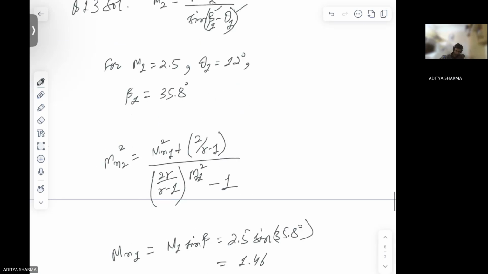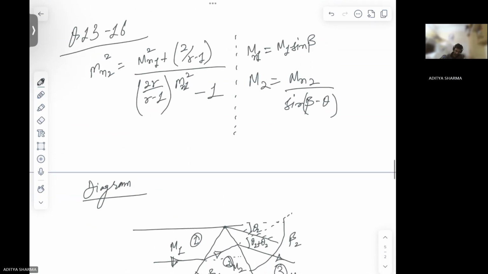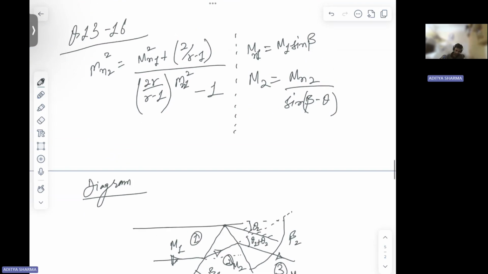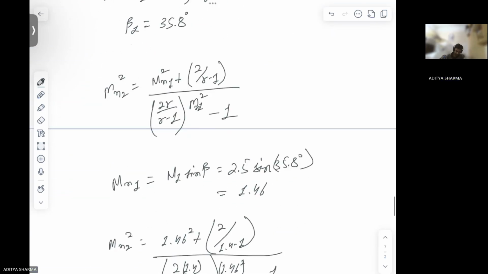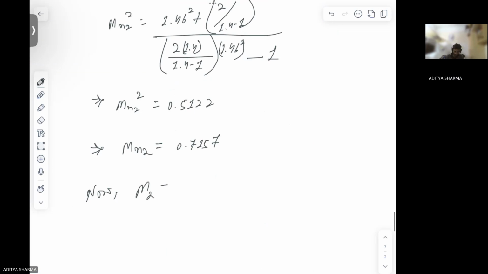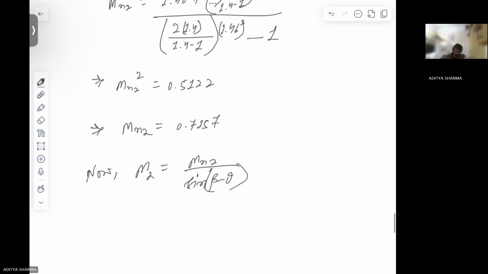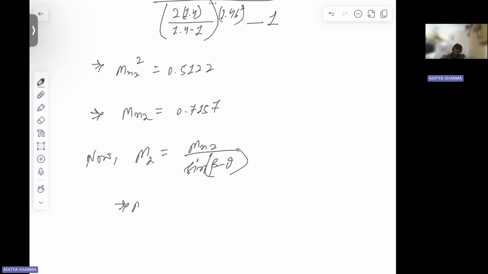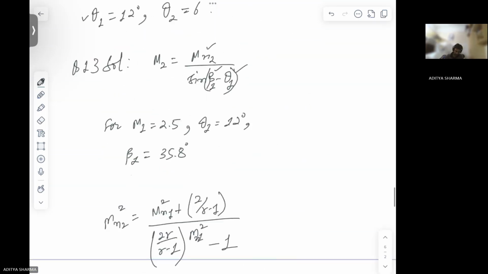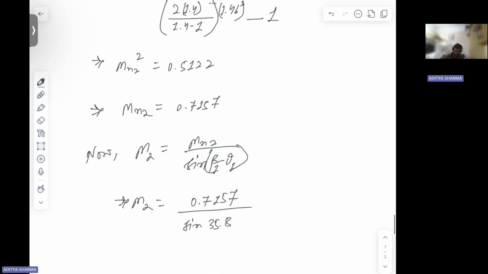Now from here, M2 is equal to Mn2 by sine beta minus theta, which implies M2 is equal to 0.7157 by sine 35.8 minus 12 degrees.